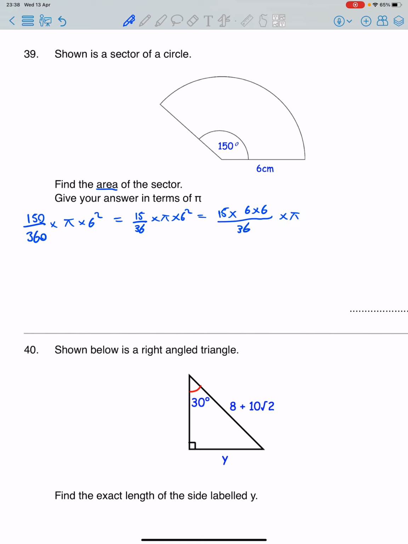That's just the 6 squared. I'm finding smart ways of simplifying this. So I can divide the top and the bottom by 6, because you've got this times 6. So I've got just 15 times 6 at the top, and that's all over 6. And of course I can do that again. So that's just times pi, of course. And then cancelling again, that just leaves 15, and then with the pi. So my answer is just 15 pi.